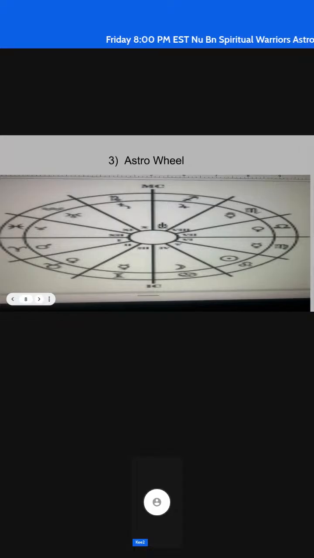You should be able to fill out more information than you previously were able to when you first began. This is what it should look like. So keep working on this until you are able to complete all 12 houses.